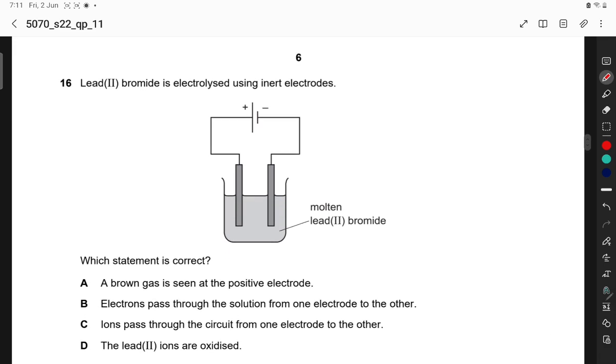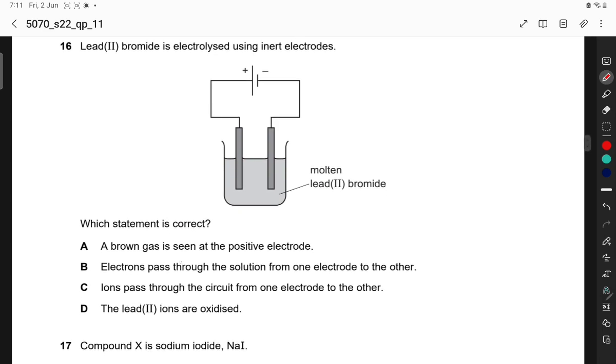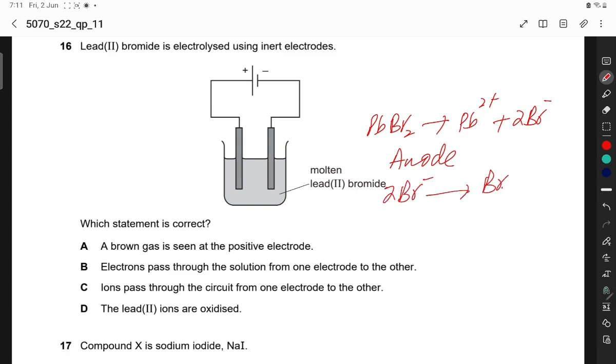Lead bromide is electrolyzed using inert electrodes. Which statement is correct? A brown gas is seen at the positive electrode. Lead bromide PbBr2 gives Pb2+ and 2Br negative. At the anode, 2Br negative forms Br2 plus 2 electrons. At the cathode, Pb2+ plus 2 electrons forms molten Pb.